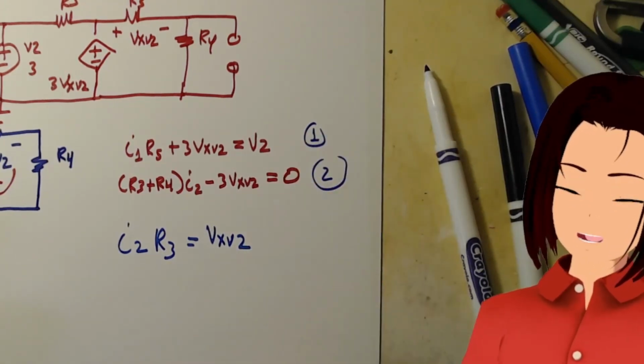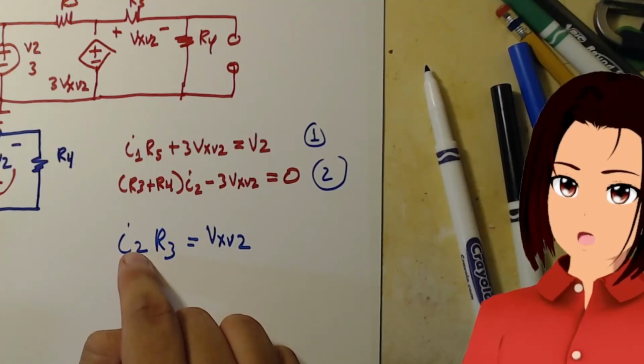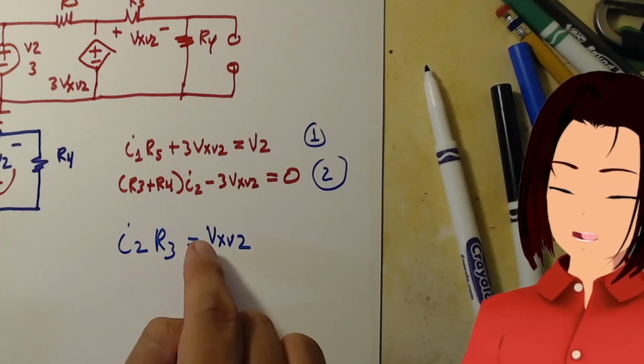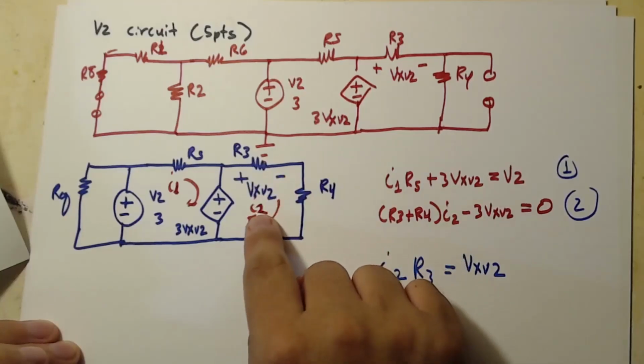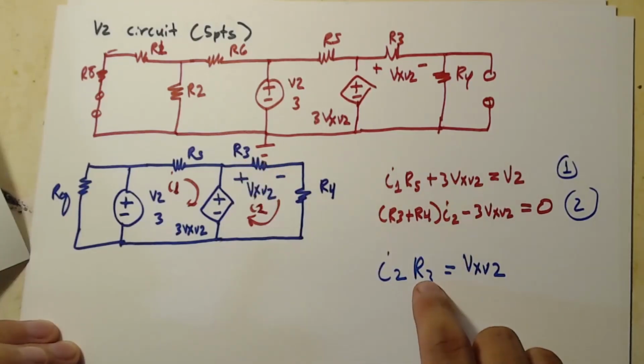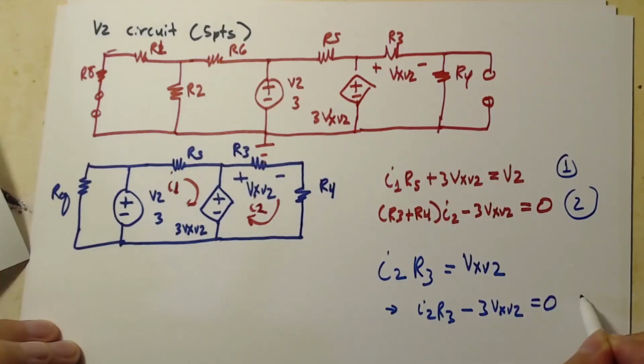Now we're trying to get a third equation. So here's the other relationship: I2 times R3 is equal to Vx V2, because if I2 is multiplying on R3, we're going to get Vx V2. So if I write this as I2 times R3 minus 3 Vx V2 equals 0, that is our third equation.